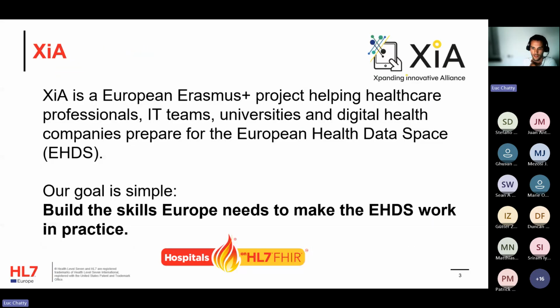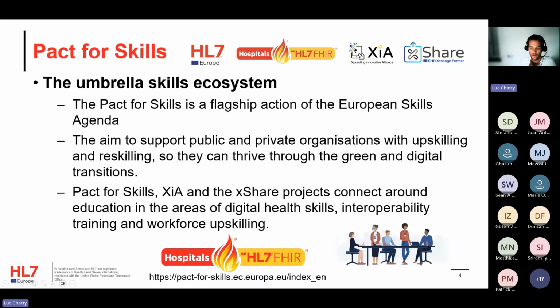And the XiA project is the Erasmus Plus project, whose goal is to create the training and dispense it to be ready for HGS. We do that under the umbrella of the Pact for Skills, which is an European initiative whose goal is to help with upskilling and reskilling.